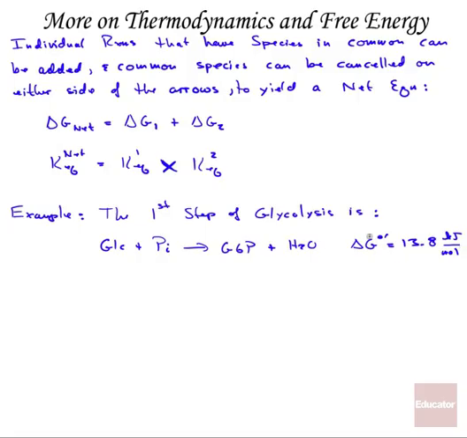So this is a positive delta G. What this tells me is that this reaction does not want to go this way under normal circumstances. In fact, it wants to go the other way, because this is positive. It's spontaneous in the reverse direction. So this reaction is not thermodynamically favorable.